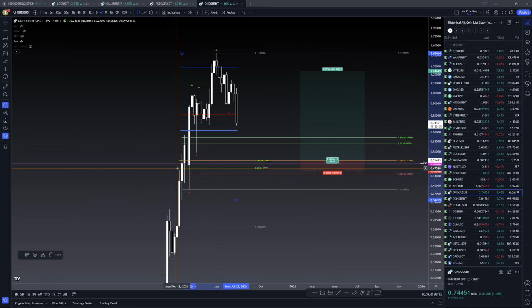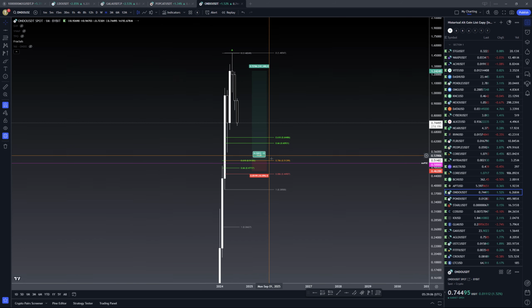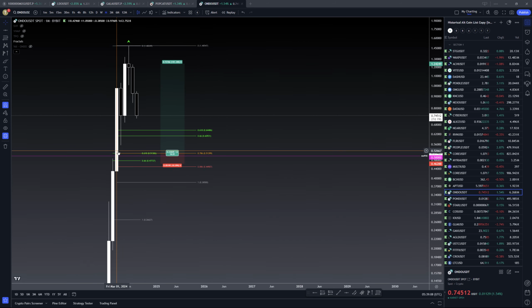What we have is two previous month candles here. We have this previous month point of control right here.